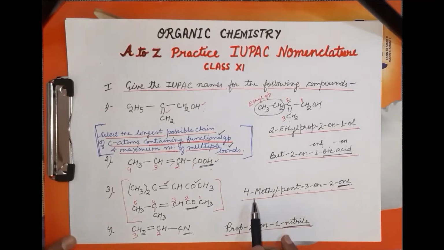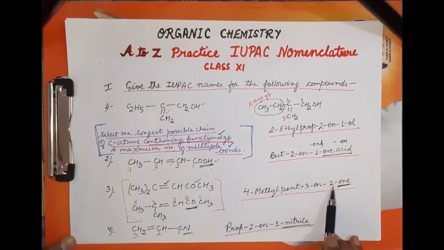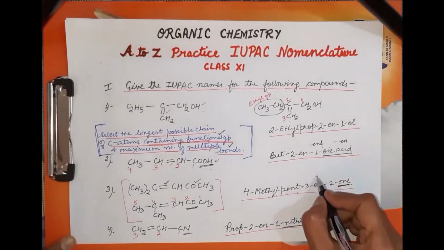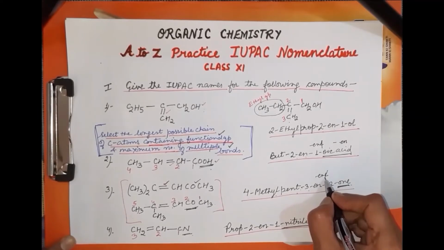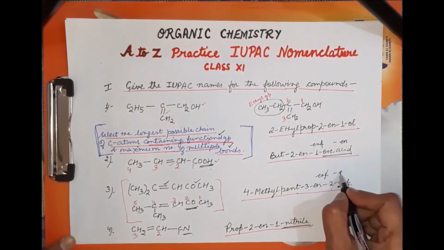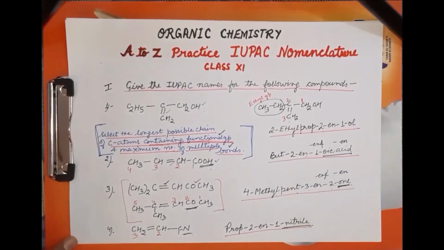So the name will be 4-methylpent-3-en-2-one. Here also, the last e of ene is dropped and it is simply written as en.